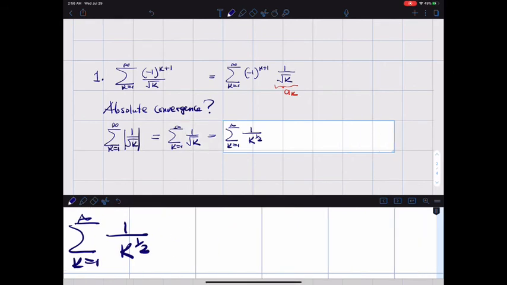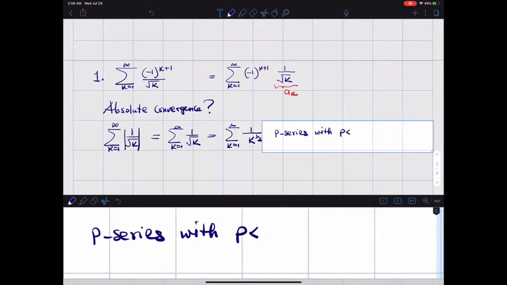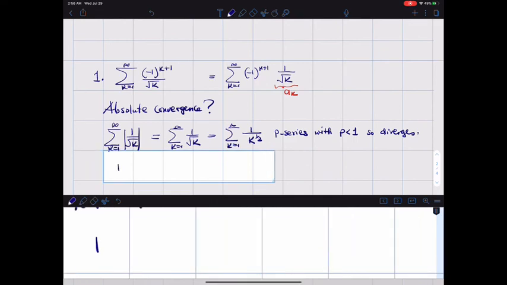What kind of series is this? This is a p-series with p less than 1. So it diverges. Thus, no absolute convergence.